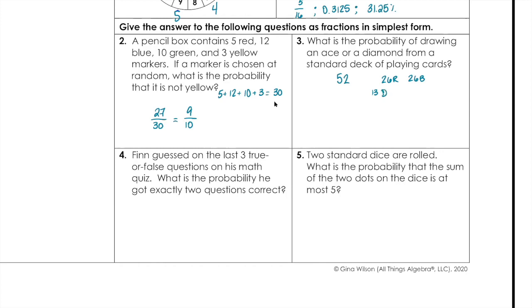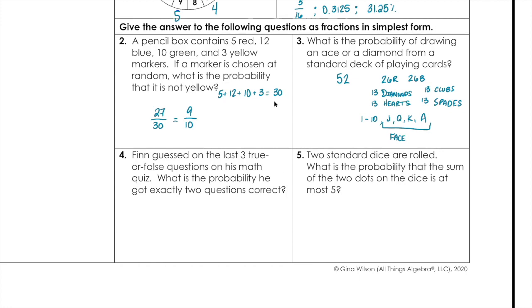So you got 13 diamonds, 13 hearts, 13 clubs, and 13 spades. And then each of those sets, you've got 1 through 10, Jack, Queen, King, and Ace. And then these guys are considered face cards. I know, it's a lot, but get used to your guys.